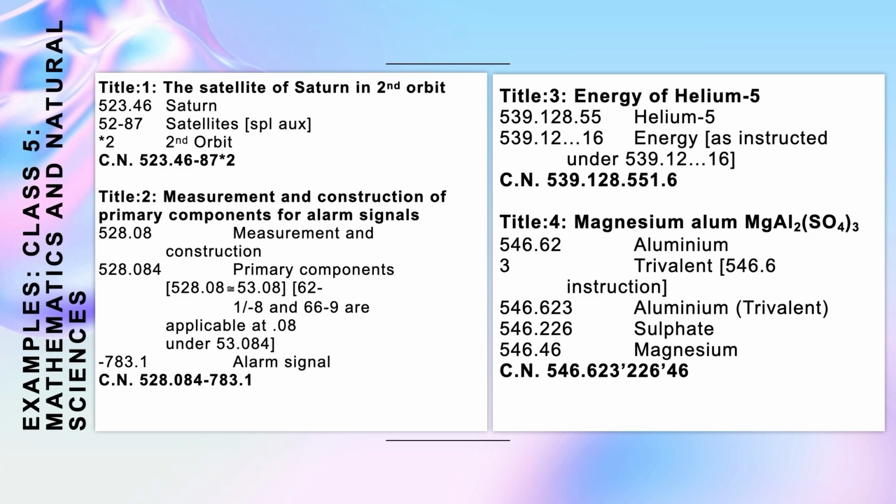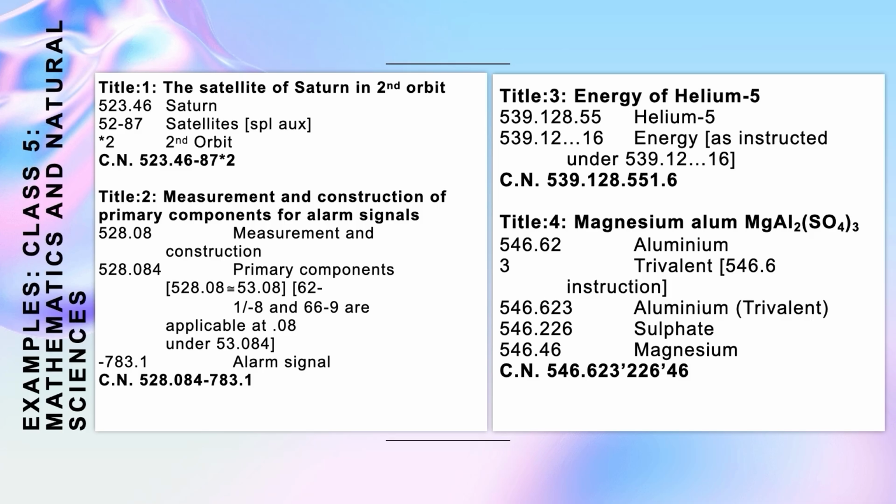And title 4: the magnesium aluminium sulfate. This is basically the molecular formula MgAl2(SO4)3. You see here the valency of the aluminium is 3, that is trivalent aluminium. The class number for aluminium is 546.62, and for trivalent there is an instruction under 546.6, so 3 is assigned for trivalent.